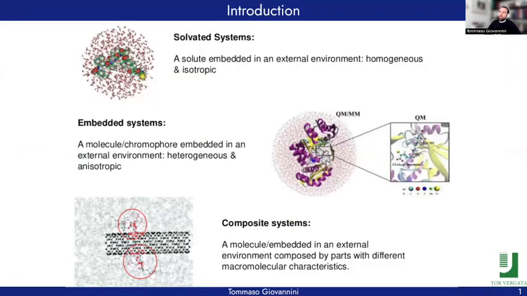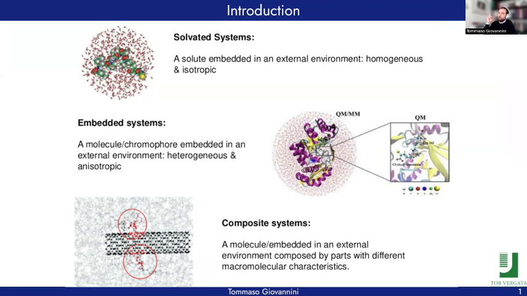So with complex system, what I mean is various chemical and physical systems that can range from a solvated system that can be complex system, since you have a solute that is embedded in an external environment that's generally homogeneous and isotropic.